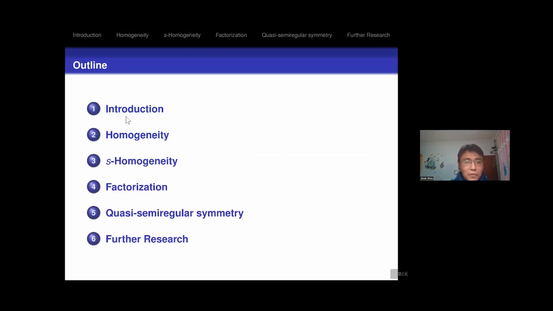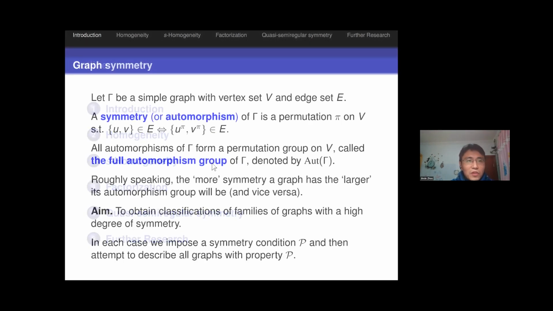In this talk, I will mainly say something about four kinds of symmetry of graphs: homogeneity, set homogeneity, factorizations of some homogeneous graphs, and quasi semi-regular symmetric graphs. Now let's look at the definitions.